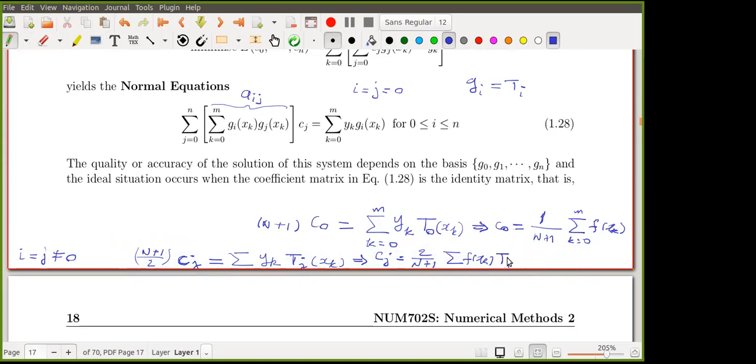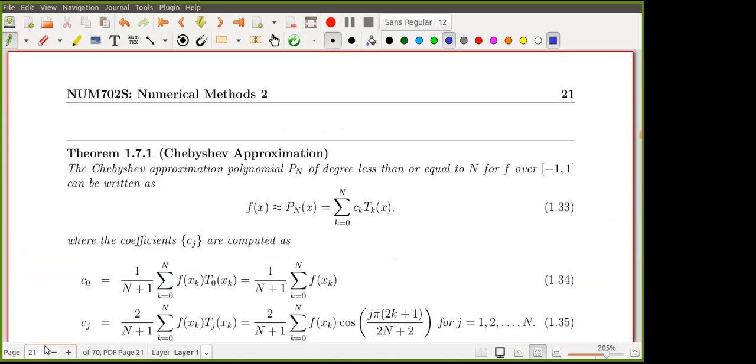K running from 0 to m. Okay, so these are the values that we will find. So that's exactly what we have here.